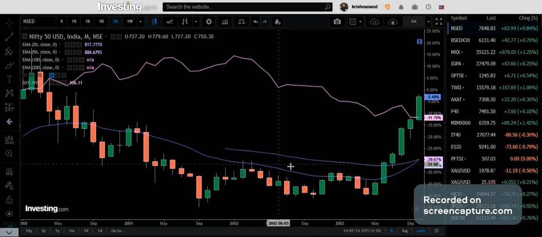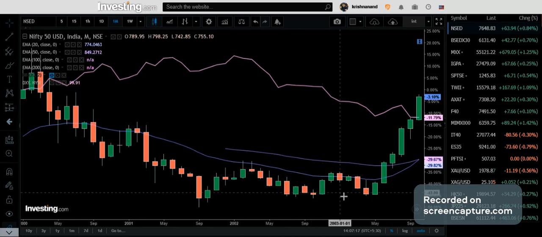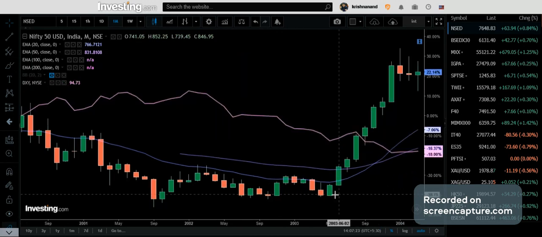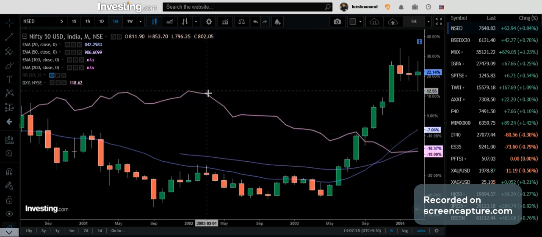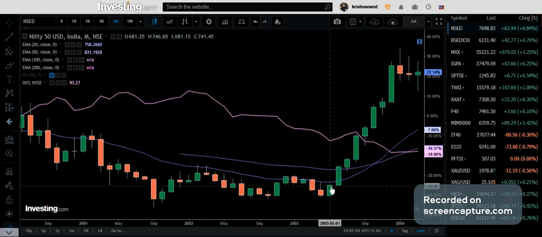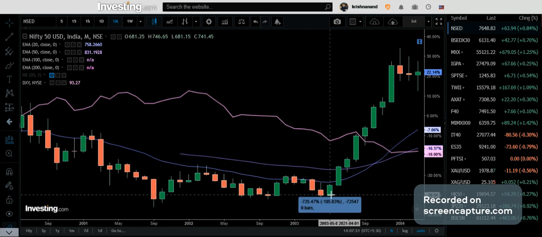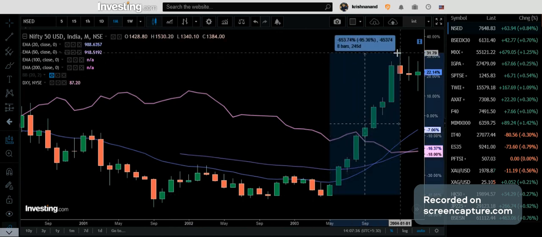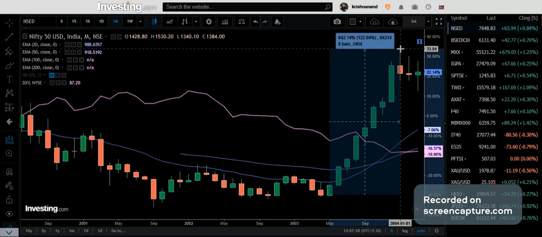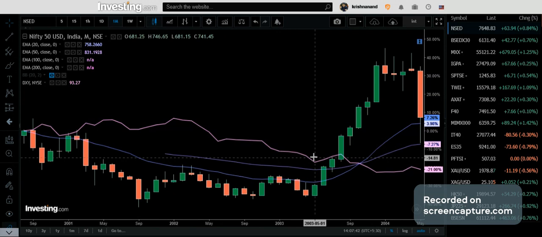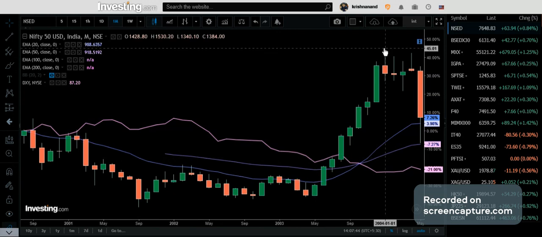It has made a double bottom, and after this double bottom, the market has started to move up, and the US dollar is continuously decreasing. The magnitude of this return was, I think, much larger than that. Okay, so I think it's about 100% return in the 2003 till 2004 period.